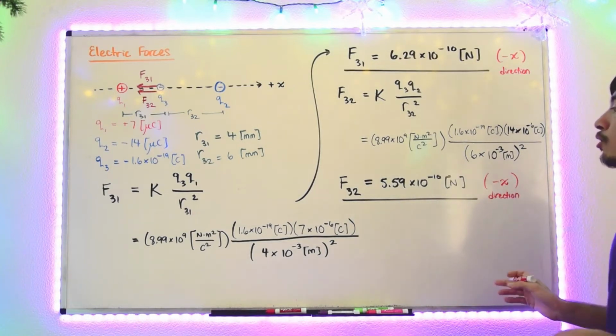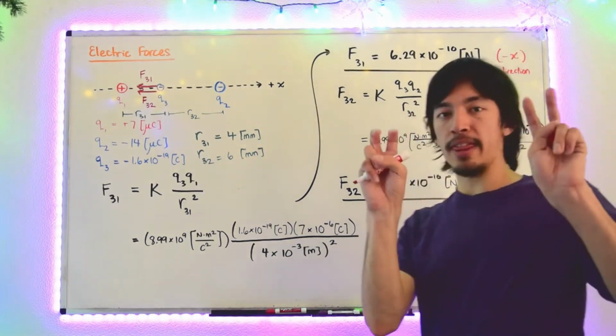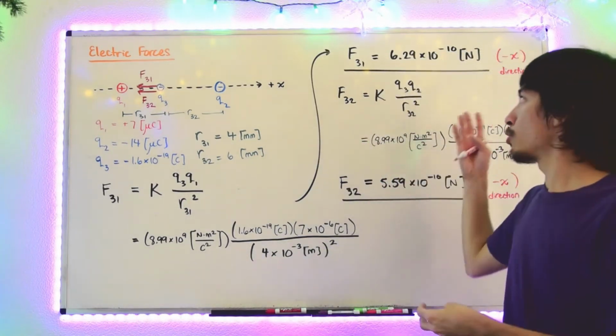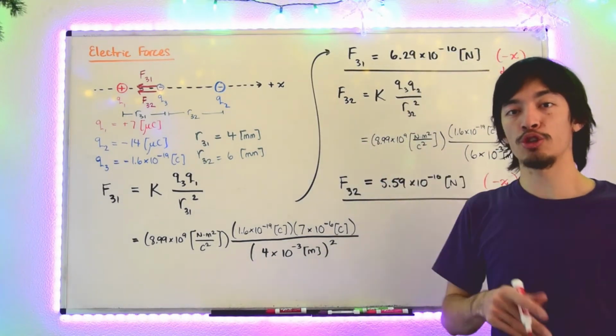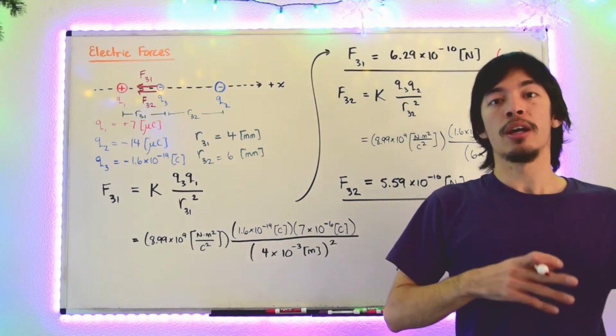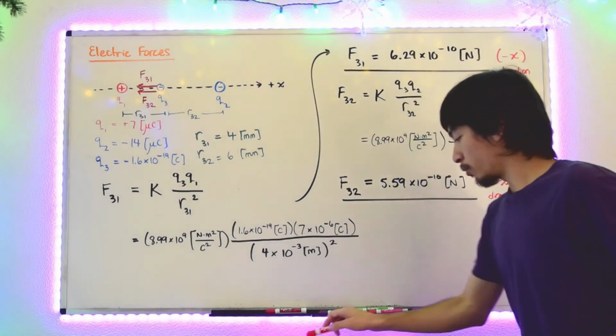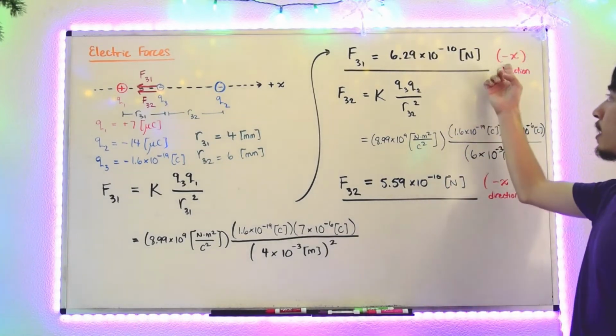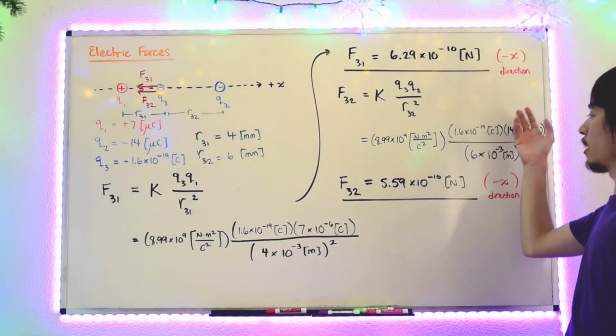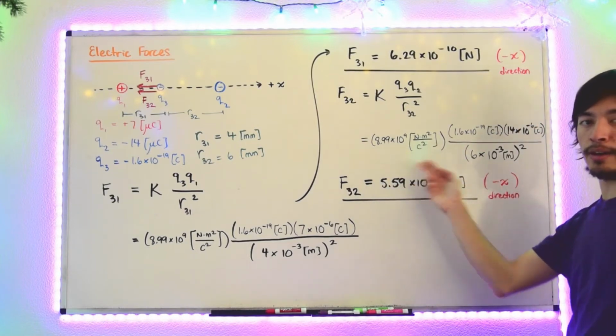So when we add these together, we're adding two things in the negative direction, so it should give us something bigger in the negative direction. So it's going to be negative this value, and we're going to add negative this value.